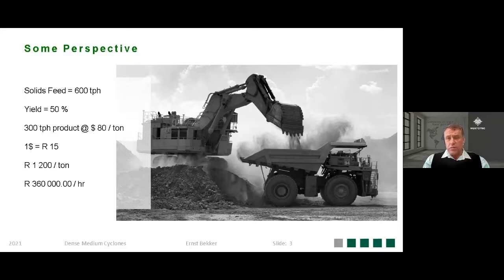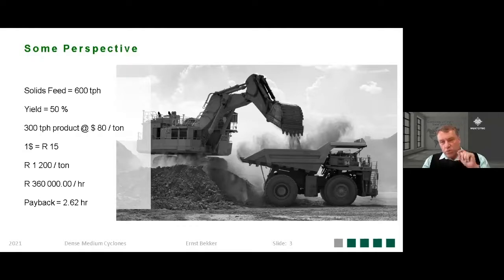The product value, if it's $80 a ton, and the exchange rate that I've used is $1 to 15 Rand, then it's 1,200 Rand per ton, 360,000 Rand per hour, and the unit basically pays itself back in a matter of less than 3 hours. Thereafter, it keeps on generating money.